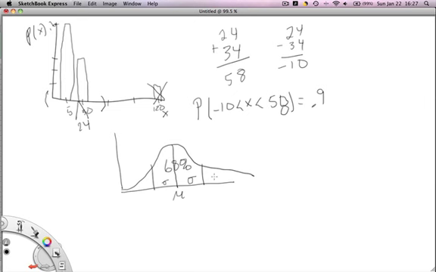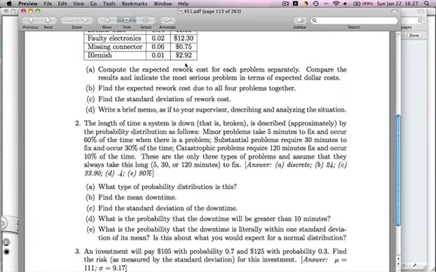The reason 0.9 does not equal 68% is because this is very right skewed. So we wouldn't expect it to equal 68% since it's not normal. Okay, that's this problem. Go try it on your own.